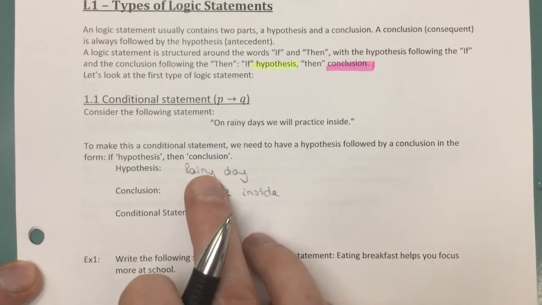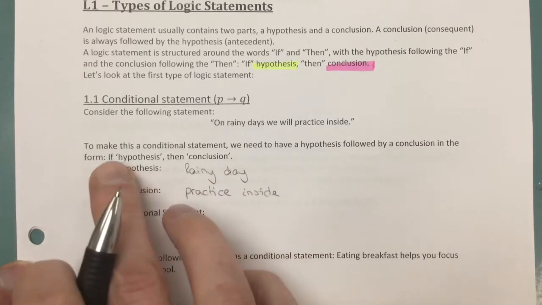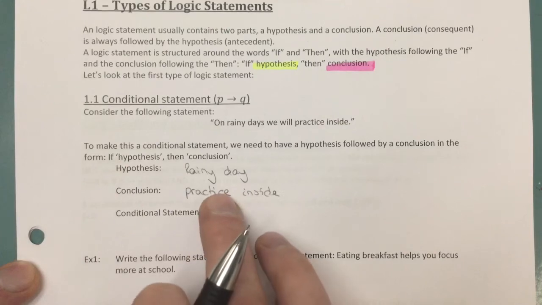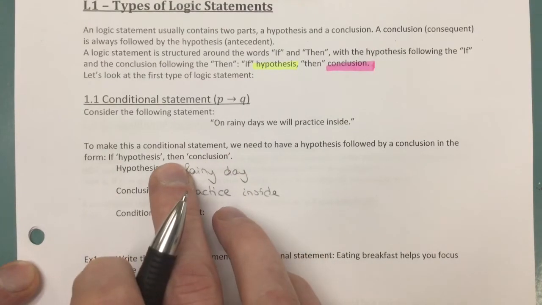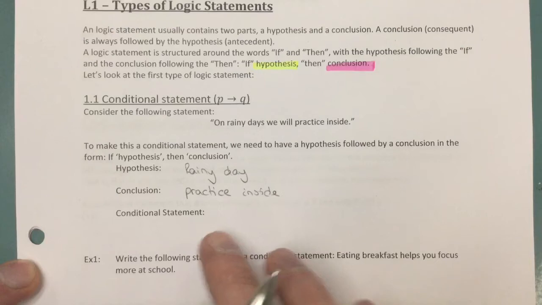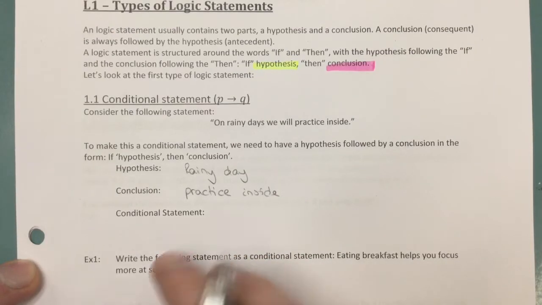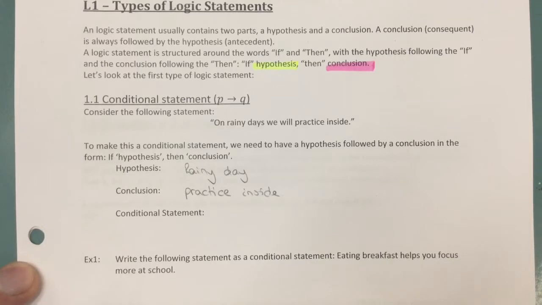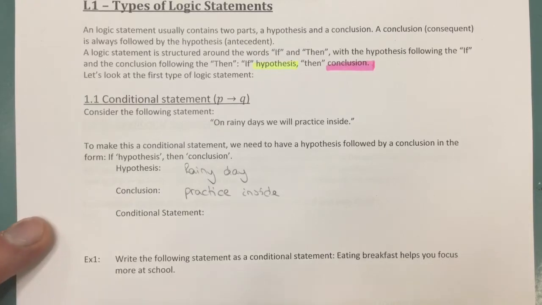So if you now include the hypothesis after the word if and this conclusion after the word then, you get the following statement: if there will be a rainy day, then we will practice inside. Now you can change that to sound a little bit better grammatically, and so you could say something like, if it rains, then we will practice inside.